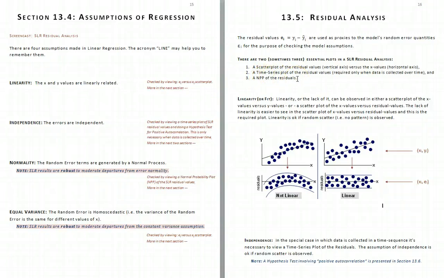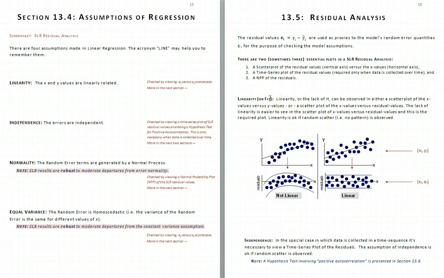We will discuss creating a normal probability plot on the next page. The third plot, number 2 here, is a time series plot of the residual values, and as I said, that's required only when the data is collected in a time sequence. We will discuss these plots in more detail.